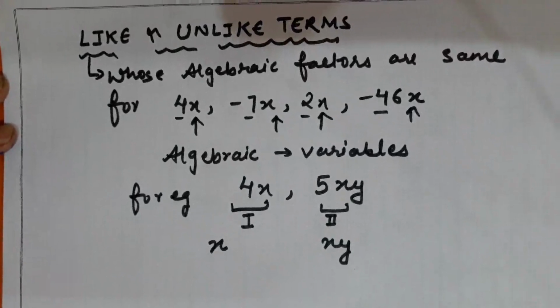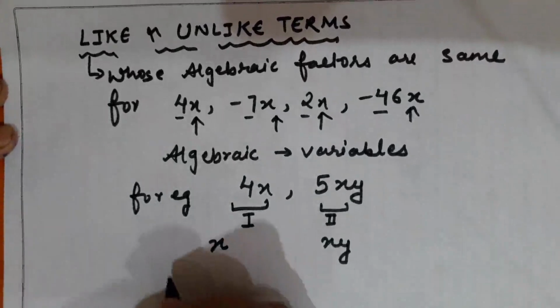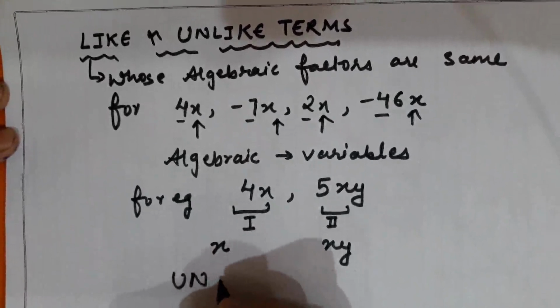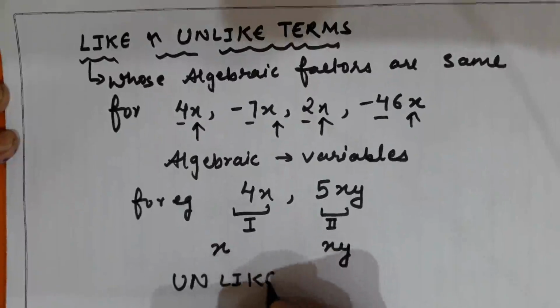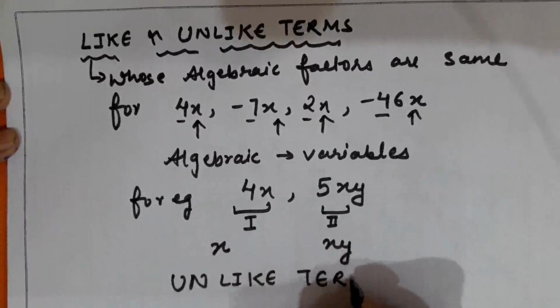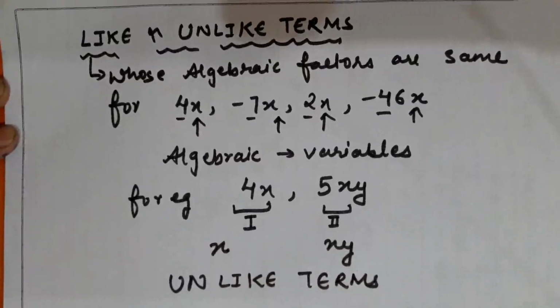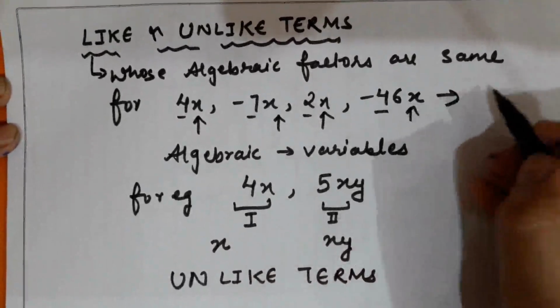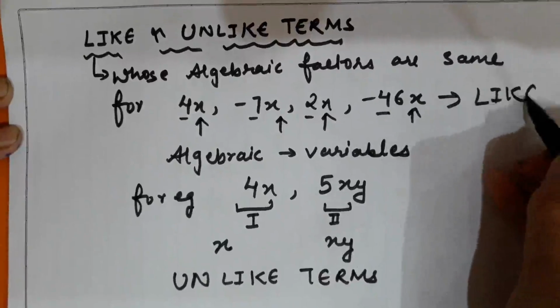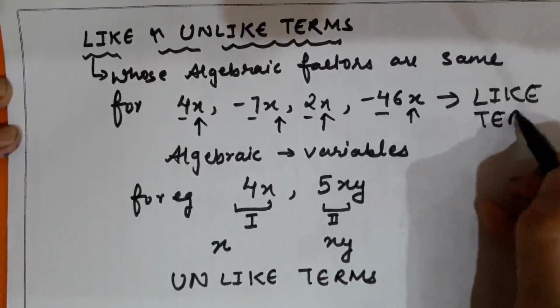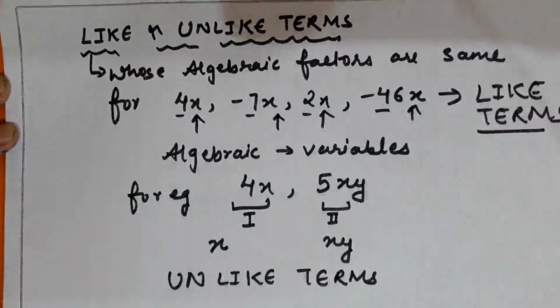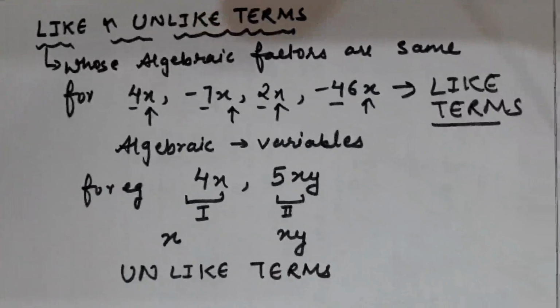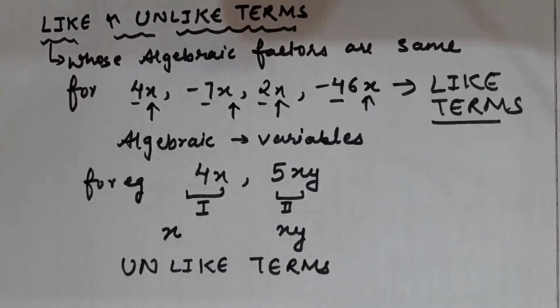So their algebraic factors are not same, so they belong to the unlike terms. Getting my point? I hope you are able to understand the difference between like terms and unlike terms.